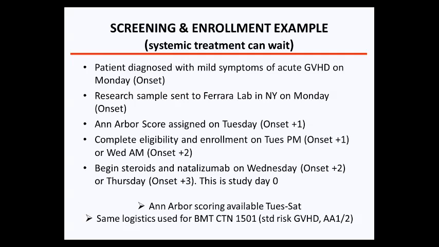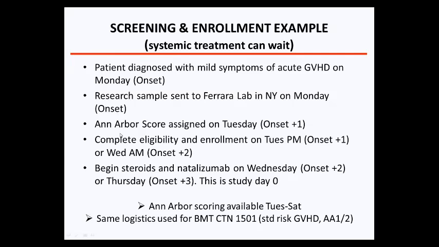So this is a patient with mild symptoms of acute GVHD on a Monday onset. You take your sample. You might decide to treat or not to treat. You send the sample, which is another issue also when you suspect upper GI GVHD. You don't always start budesonide the day that they come with nausea and vomiting, sometimes it's only nausea. They lost 1 kilo. You wait. So the research sample is sent to Ferrara's lab in New York on that same day.